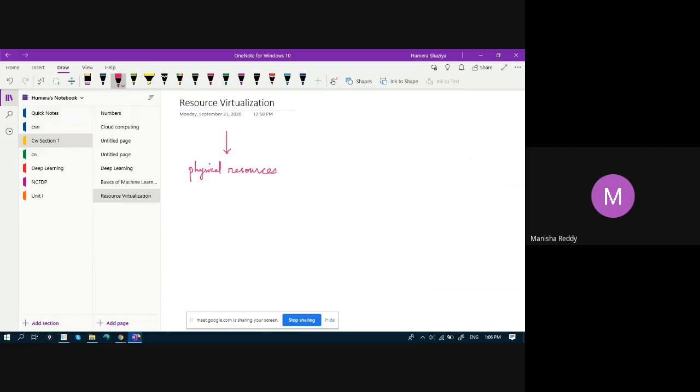Storage, CPU, devices. Yeah, storage, network devices. Yes, processing devices, networking devices are the physical resources. So this is the scenario of traditional computing.